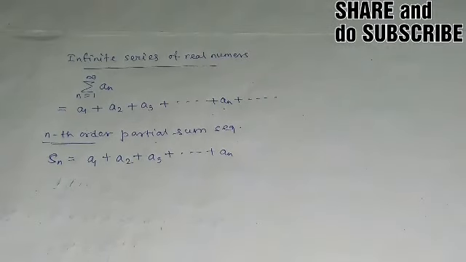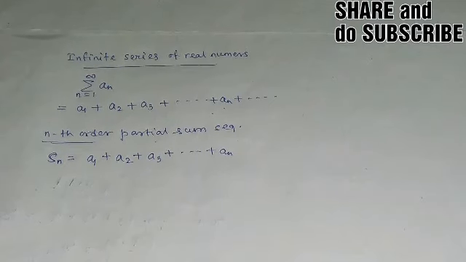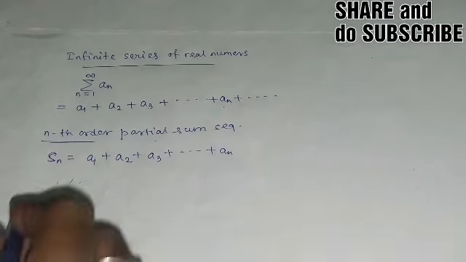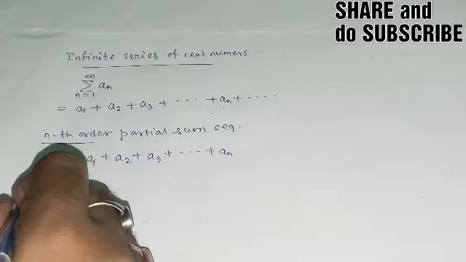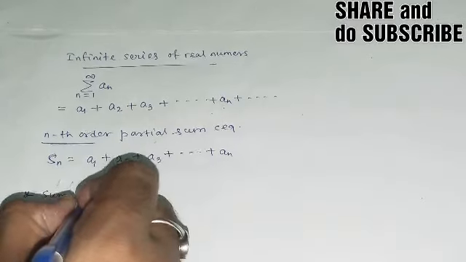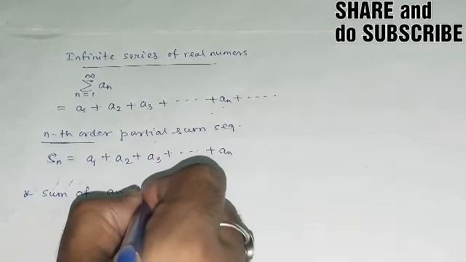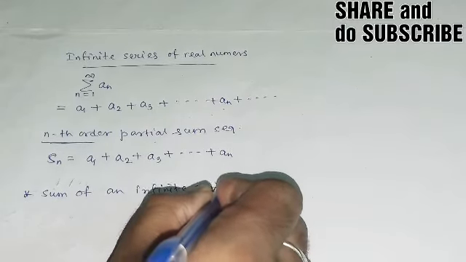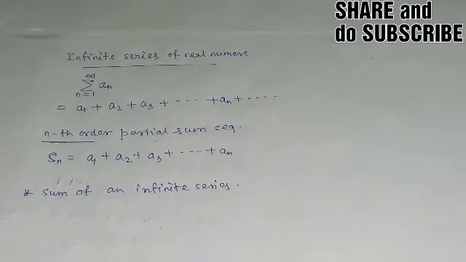So what is the importance of this nth order partial sum sequence? It is very important. Suppose you are asked to find the sum of an infinite series, say our series is convergent. Then what will be the sum of our infinite series?